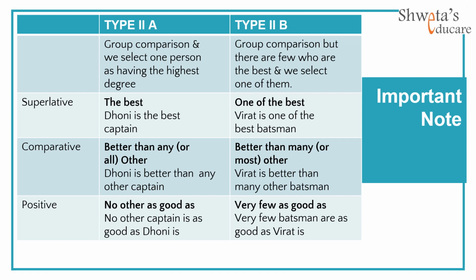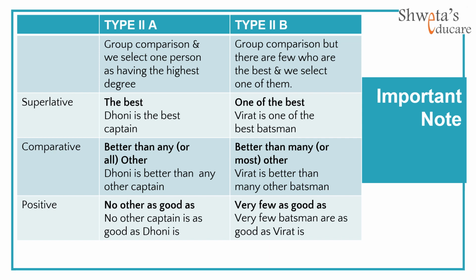So in superlative, Dhoni is the best captain. The same if you want to convert in comparative, we will have Dhoni is better than any other captain. So the rule says we have to use the words better than any other or better than all other.